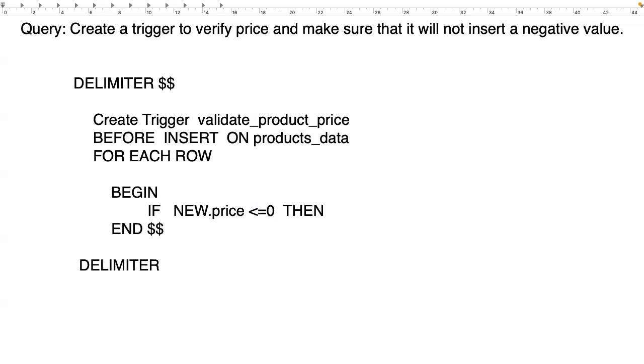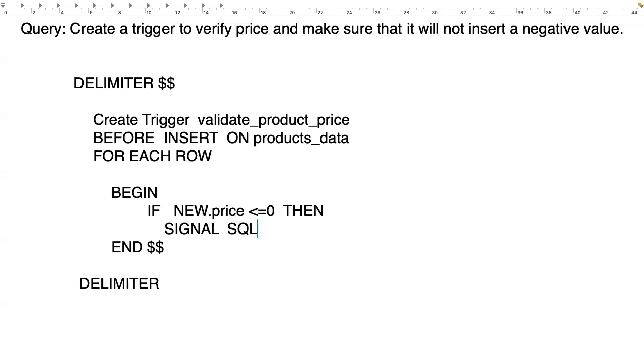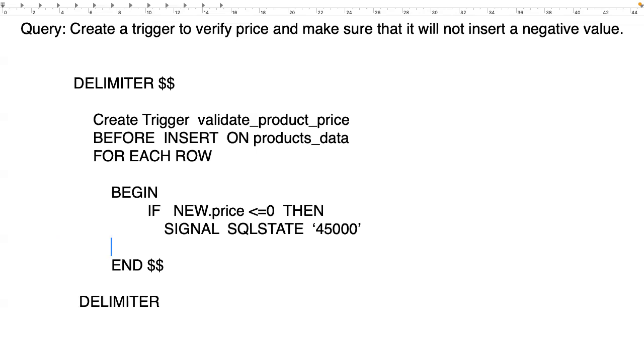Then what should happen? It should put an error message. What is that? It should SIGNAL. SIGNAL SQLSTATE, with how much number? 45000 is a custom error. It is saying that don't show any default error, put some custom error. And how do we set the error?